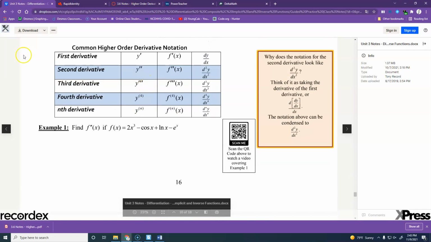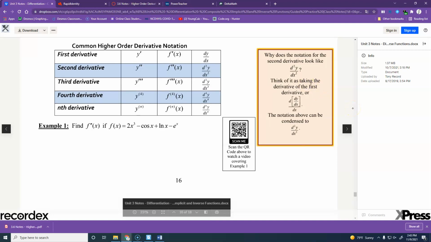Okay. All right, so for second derivatives with the dy dx notation, it's kind of strange here. If you think of it, he's written it over here, you're taking the derivative. I don't usually write it like he's written it.